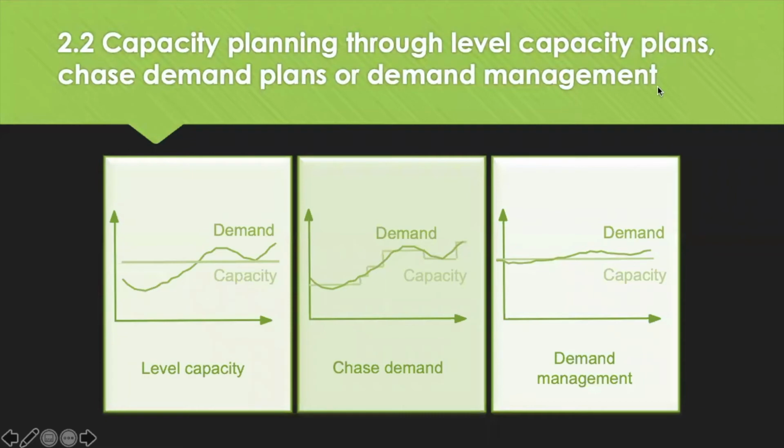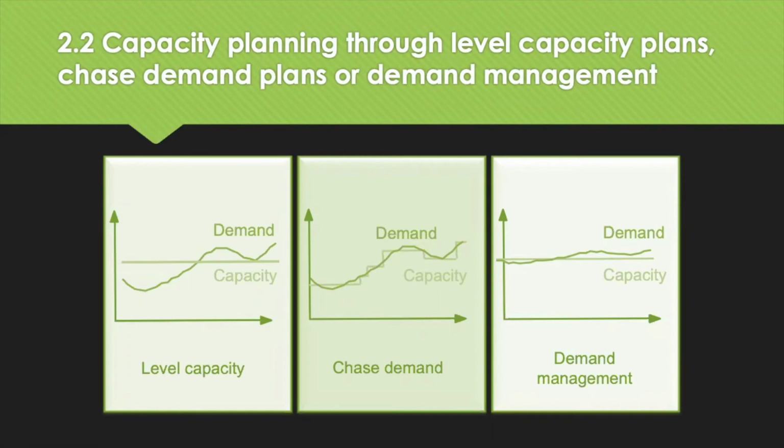Now, operations planning aims to match capacity with demand so that resources are utilised to the optimum level. There are three basic strategies used by organisations when considering matching supply and demand: level capacity, chase capacity, and mixed plans or demand management. The level capacity plan keeps the amount of output constant through the planning period.